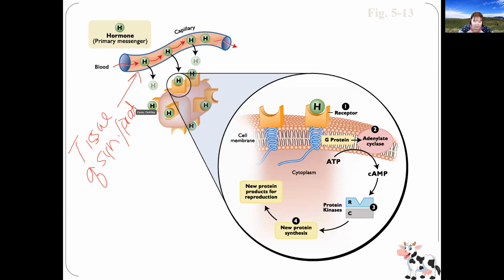It is going to attach to some sort of carrier protein that will help protect it. And then that hormone, once it gets to its target tissue, so this is going to be a target cell.